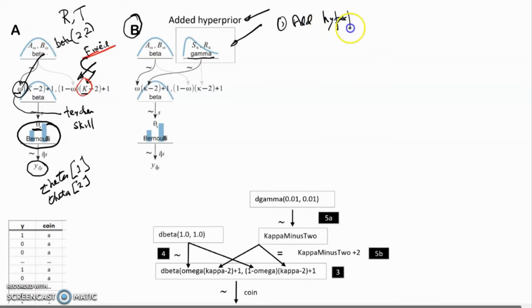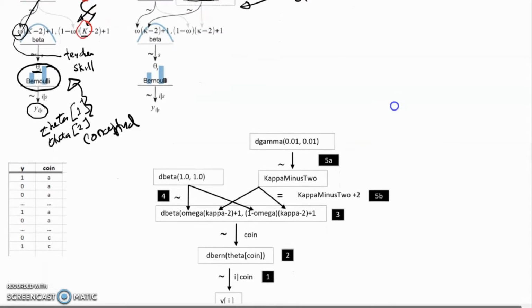And the second thing we're going to do is that when we went over this example, it was really just conceptual. And now we're going to start to write some code. So that's just an overview of what we're going to do.